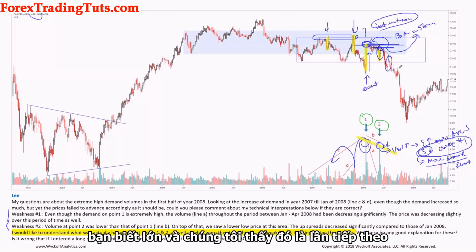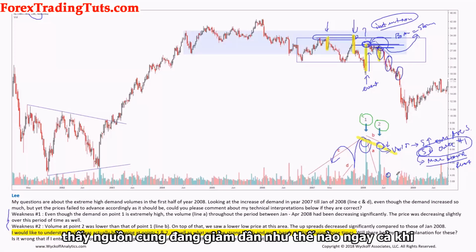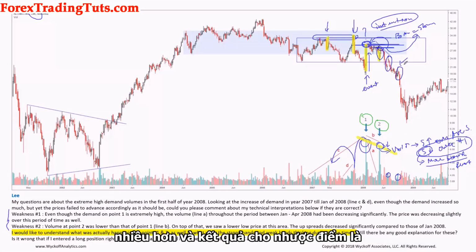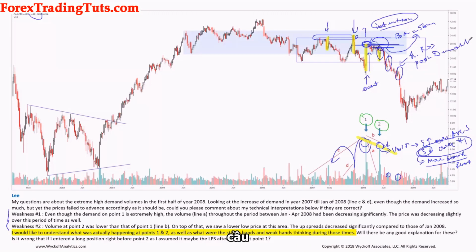And we see it with the next rally, and we're seeing how supply is diminishing even more, and yet result to the downside is increasing even more. So this tells us that there is a poor demand and diminishing supply signature on the background where the price is moving to the downside.